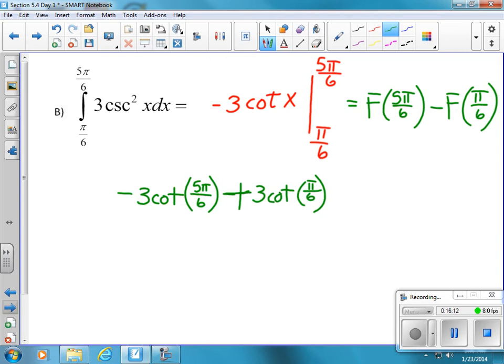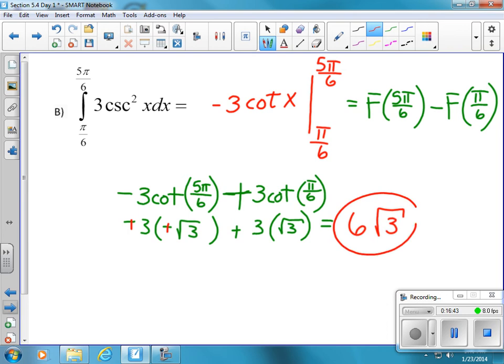All right, and if you have negative 3, and cotangent at 5 pi over 6 is negative square root of 3, this is 3 times the square root of 3, positive. So what we end up with is these two go boom, boom. So we have 3 of these plus 3 of these. That means it's 6 square roots of 3.